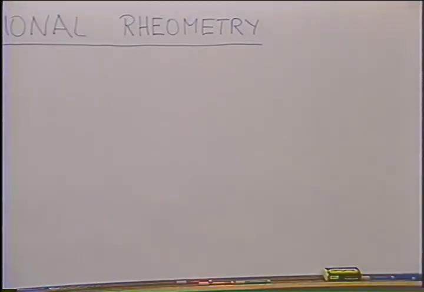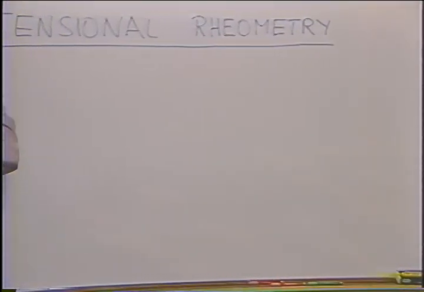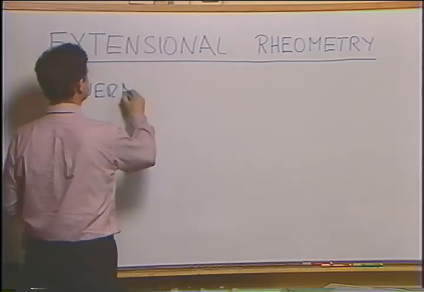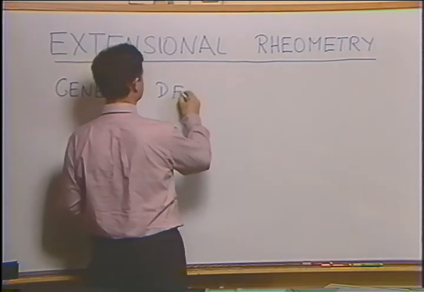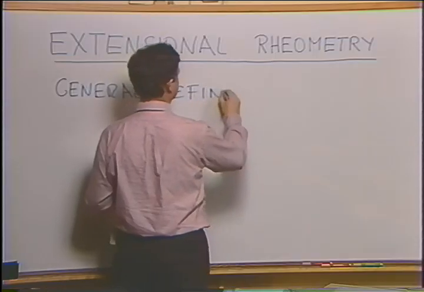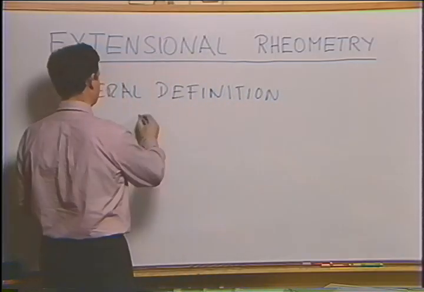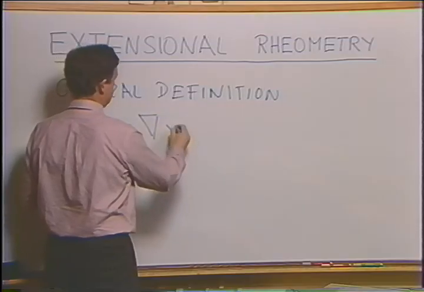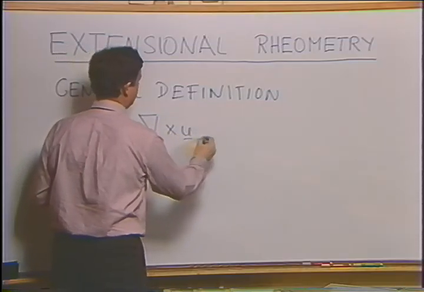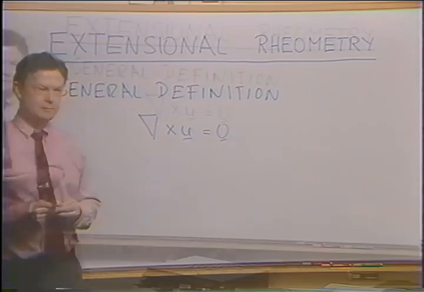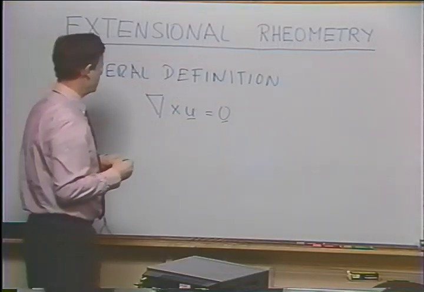Now, the general definition of an extensional flow is simply the vorticity of the velocity is equal to 0. That's the definition of extensional flow.